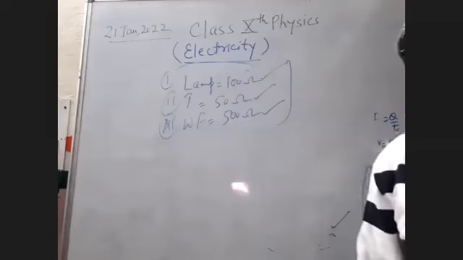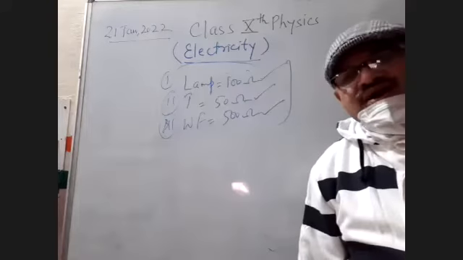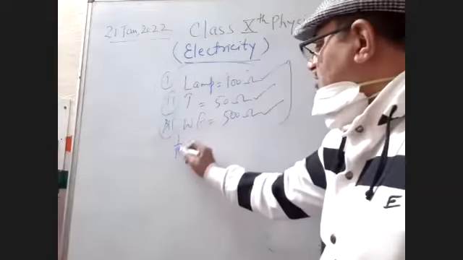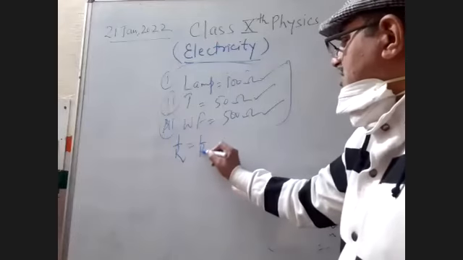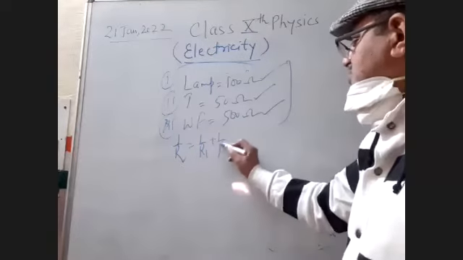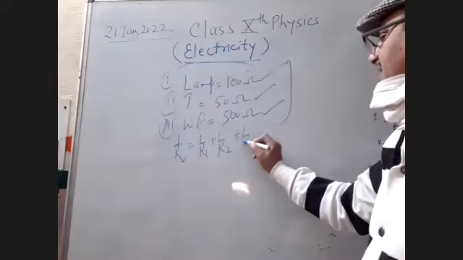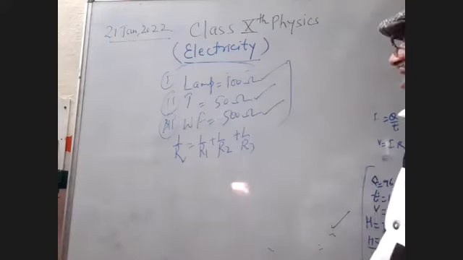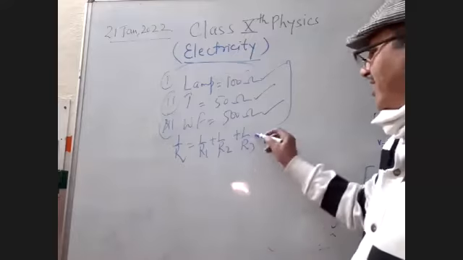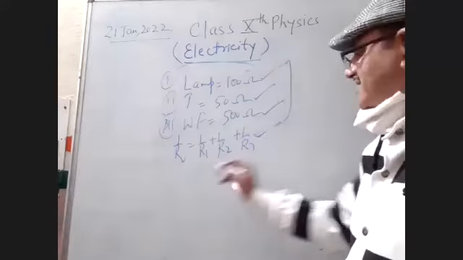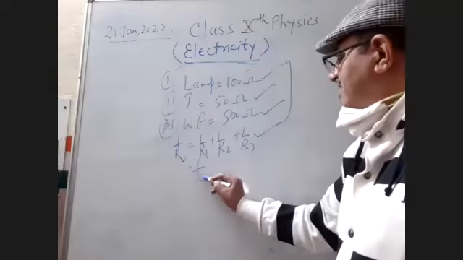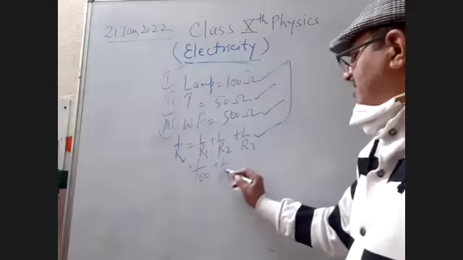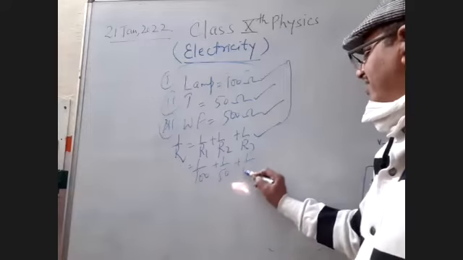Now all the three resistances are connected in parallel. We'll apply the formula 1 by R is equal to 1 by R1 plus 1 by R2 plus 1 by R3. We'll put all the three values of R1, R2, and R3 in this formula. What we will get: 1 by 100 plus 1 by 50 plus 1 by 500.